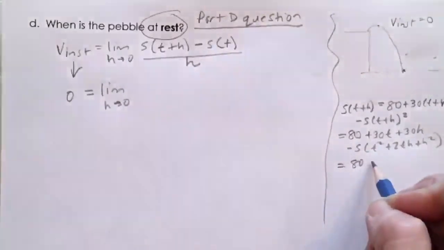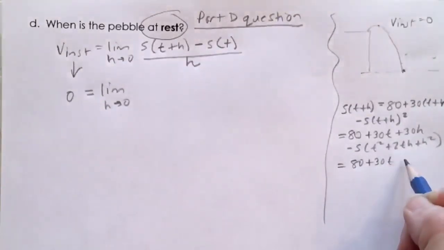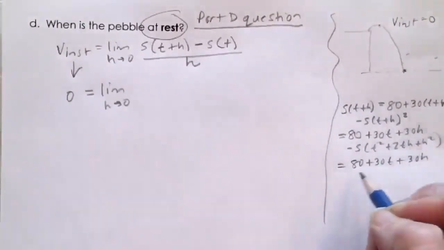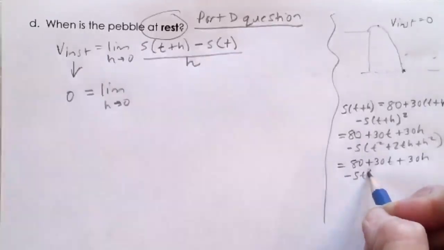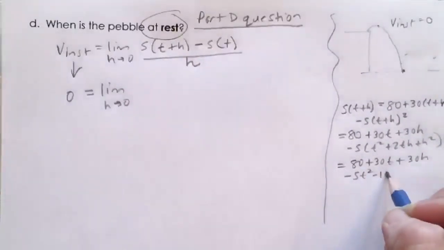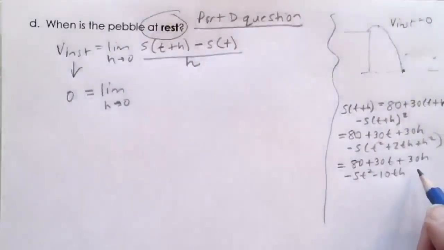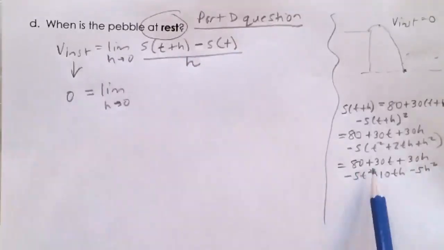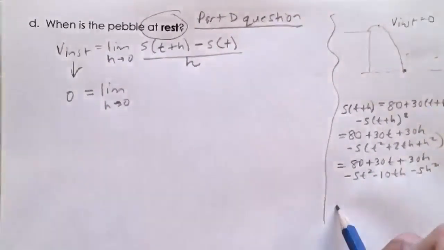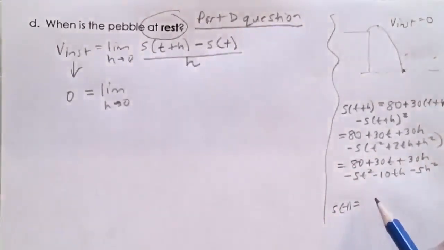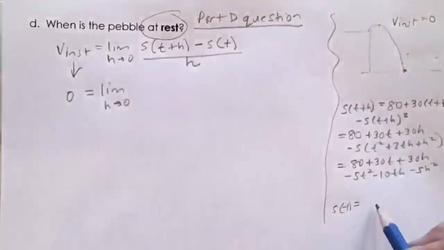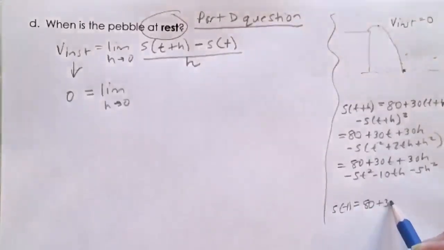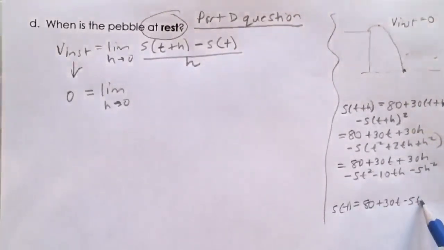So 80 plus 30t plus 30h minus 5t squared minus 10th minus 5h squared. And that's a lot of terms, and none of them are like terms if you look at their endings. And then s at t was given in our question as 80 plus 30t minus 5t squared.